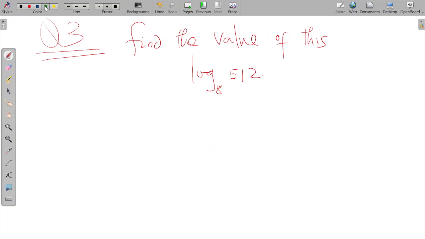To find the value of this, we need to find what can multiply itself to give us 8, and what can multiply itself to give us 512. So that is log of 2 raised to power 9, to base 2 raised to power 3. Okay, so you see 2 raised to power 9 gives us 512, 2 raised to power 3 gives us 8.